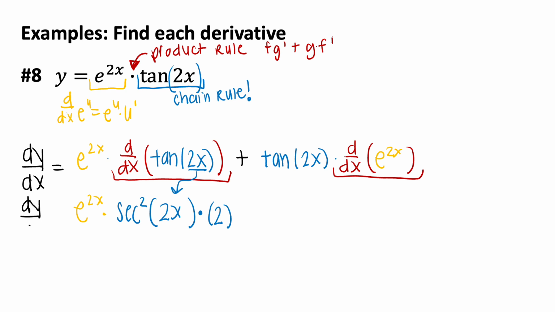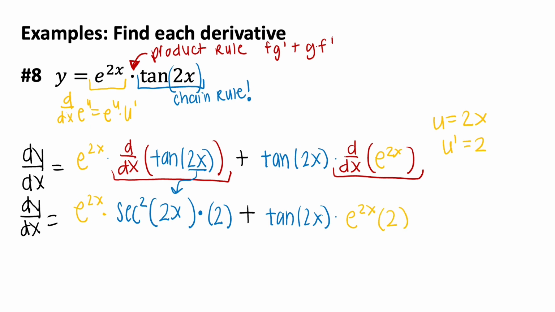dy dx equals, plus, then we still have our tangent of 2x, and when we go to take the derivative of e to the 2x, our u would be 2x, and our u prime would just be 2, so this would be equal to e to the 2x times 2.